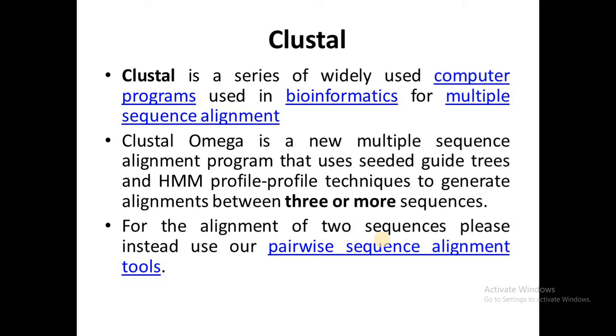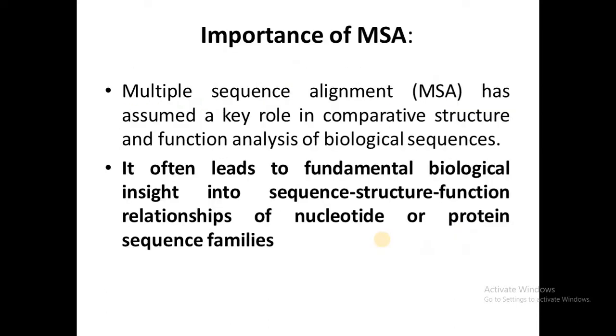For the alignment of two sequences, please instead use our pairwise sequence alignment tools. If you have to find out any sequence similarity between two sequences, we have to use only the pairwise tool. If you want to find out the similarity or evolutionary relationship between more than two sequences, we have to use the tool Clustal.